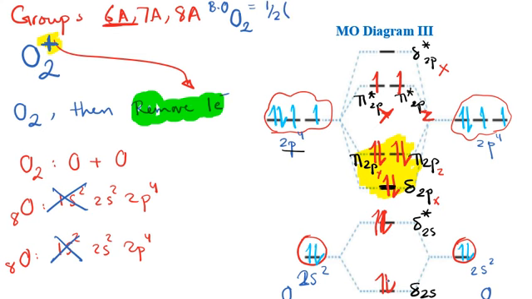You are going to say that 2, 4, 6, 8 minus 2, 4, and the 2, half of 4 means 2. It means oxygen looks like this one. So I wanted to say that you drew O2 correctly and the bond order confirms that.